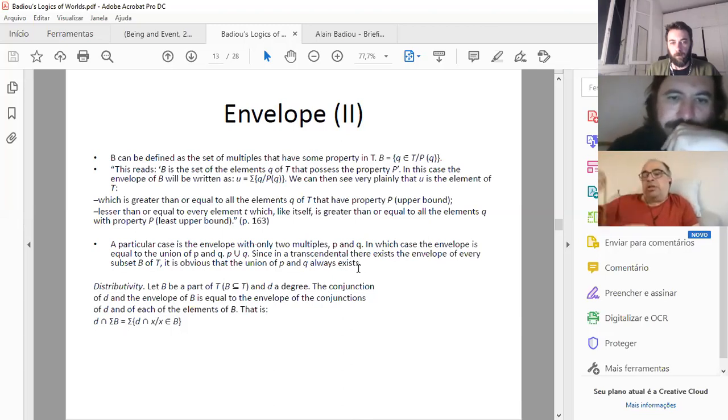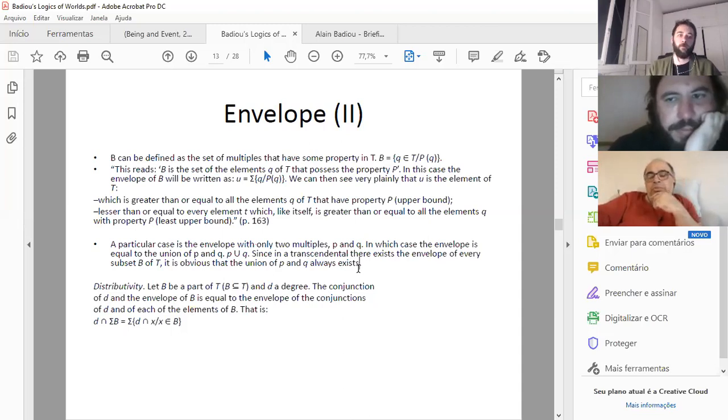So yeah, there is n-ary for sure. It has its own notation too. Yeah, but I think envelope is more adapted to the phenomenological concept, it seems.